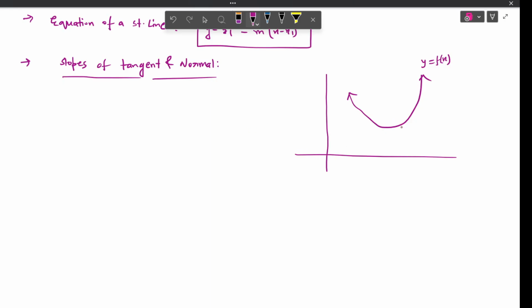Here is the tangent at point P. This is your point P, x comma y. This tangent is something like this. This is your tangent. And the normal is perpendicular to this tangent and passing through the same point. So this would be your normal.